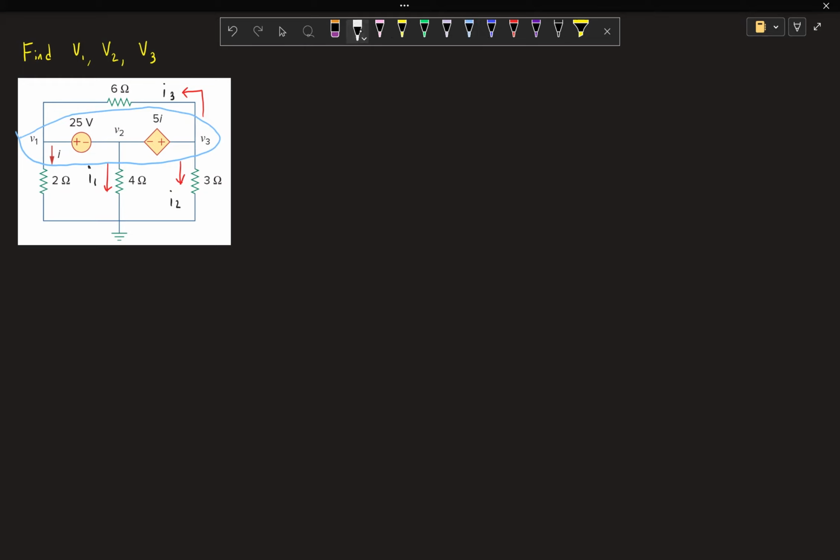And then we're going to continue as always with our KCL. So the only current going in is this I3 entering right there. So we're going to say I3 equals I1, and I2 are all exiting. And then I3 is entering and exiting.